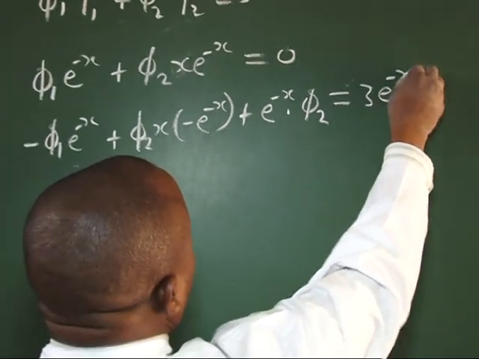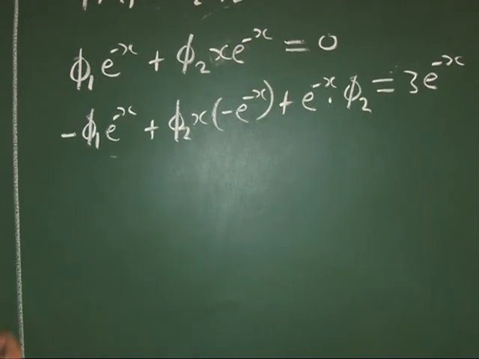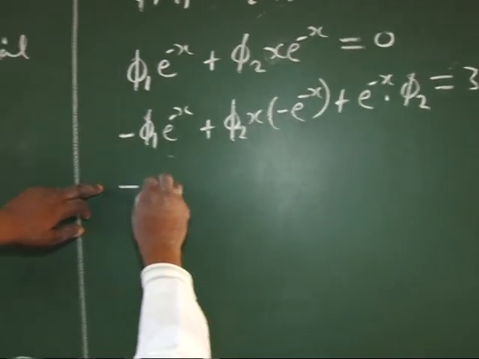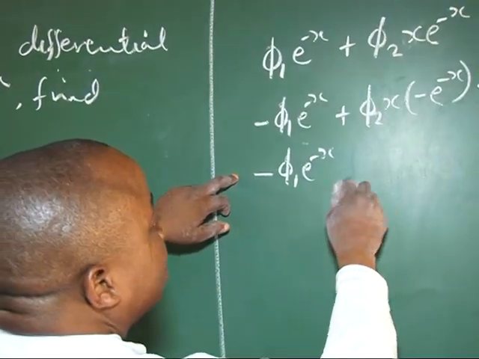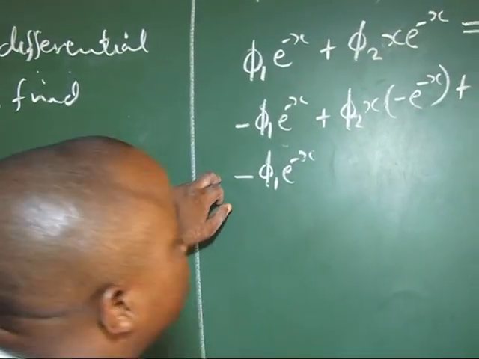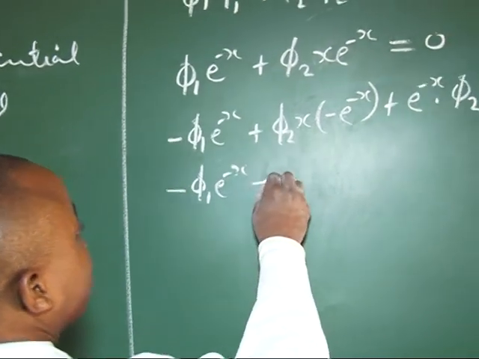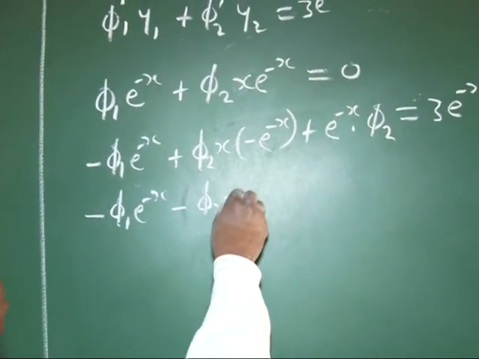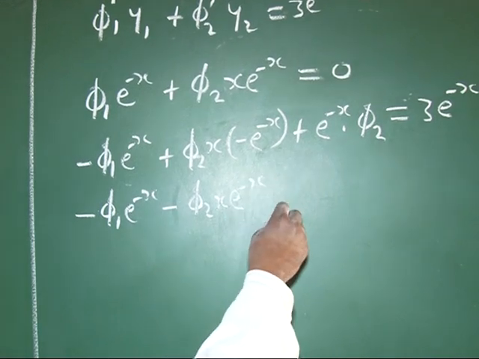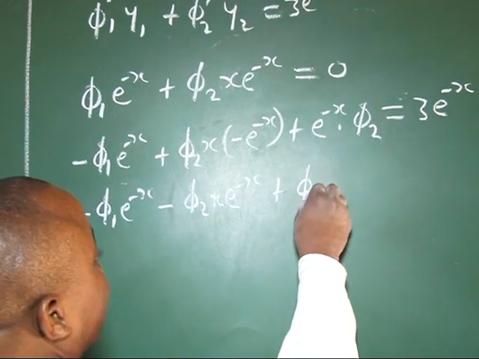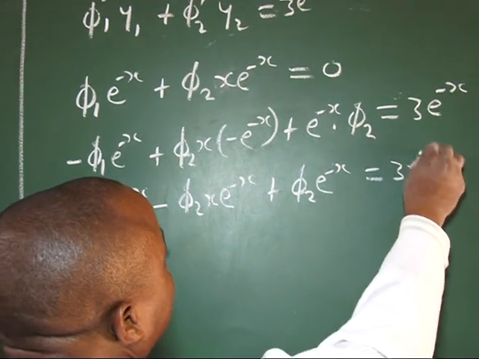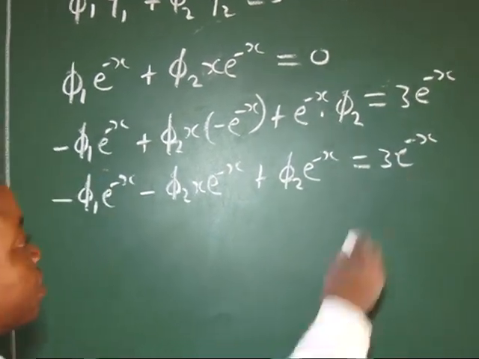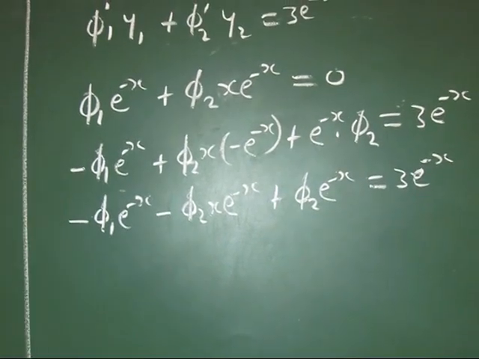And what happens is, here we can write it as phi 1 e^(-x), and then when you multiply it here, we have minus phi 2 x e^(-x) plus phi 2 e^(-x) is equal to 3 e^(-x).